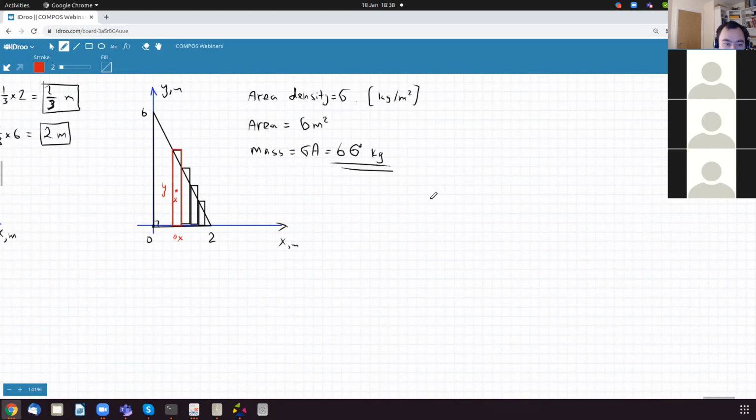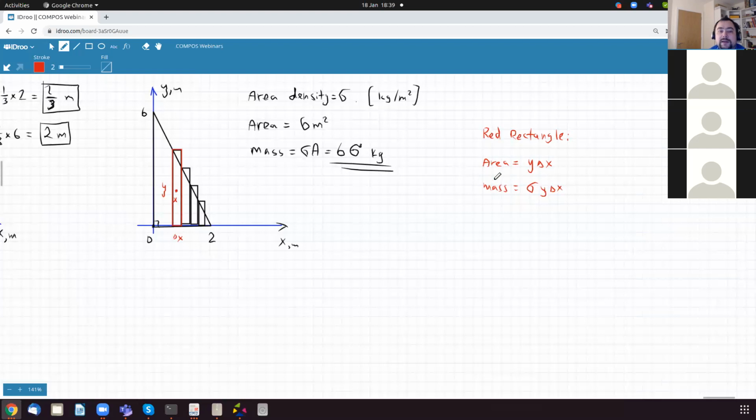Okay, so we have the area. So for the red rectangle, area is equal to y delta x. Mass is equal to sigma y delta x.